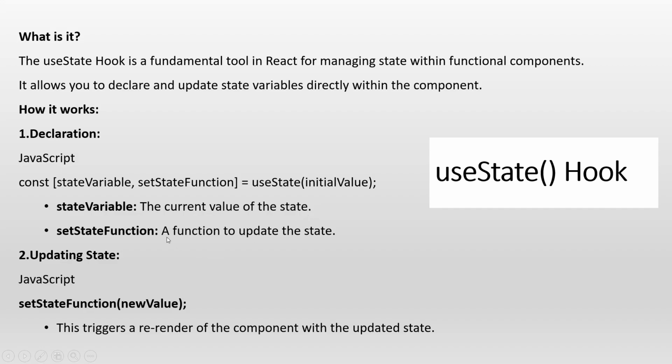After that, we want to update the value. We don't want to use the initial value; we want to change it to some other value. So with the help of the setState function, we are going to update that value. The value is updating, right? So it is changing its state.